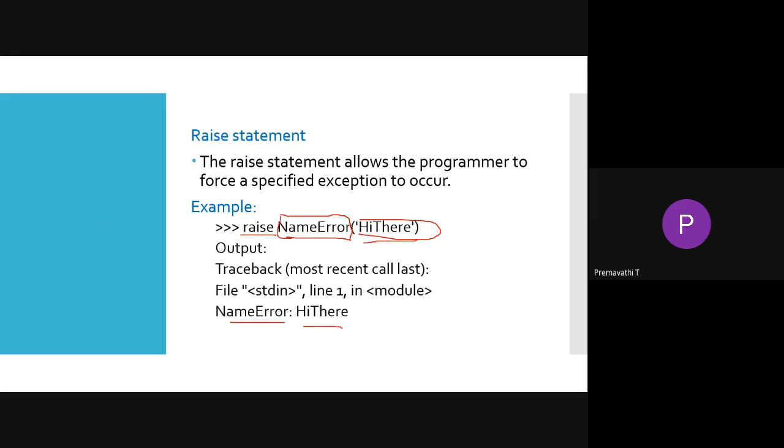So here the raise statement is only for enforcement, that is, to force the specified exception during the program. If you need to determine whether the exception was raised but don't intend to handle it, the simpler way is to use the raise statement. It allows us to re-raise the exception.